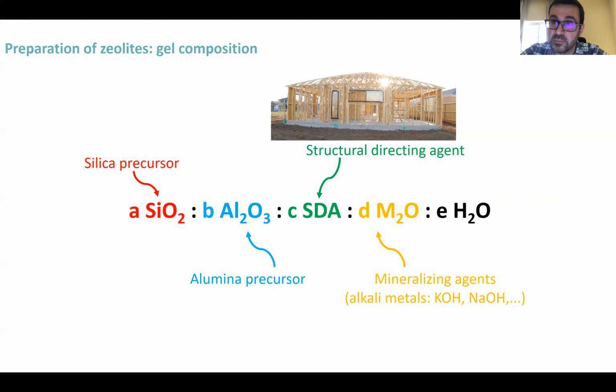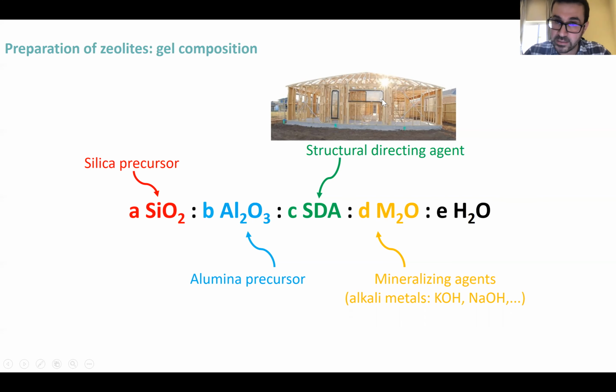We also have an important ingredient, which is called the structural directing agent. It is not part of the zeolite itself. However, it's like the wooden scaffolding you build around a house just to make the structure stable when constructing. When the structure is done, you can remove it or burn it out.